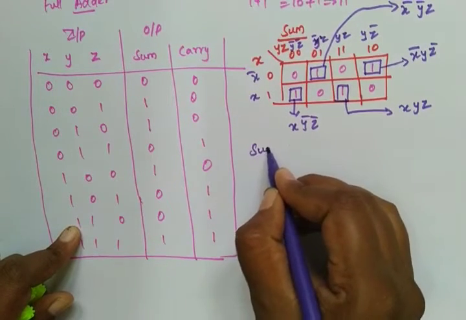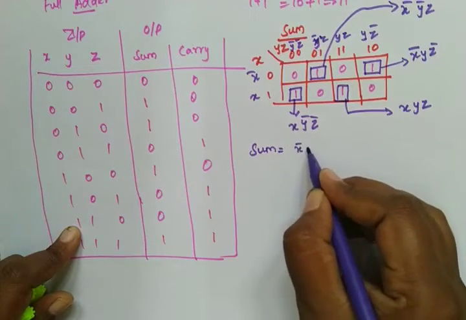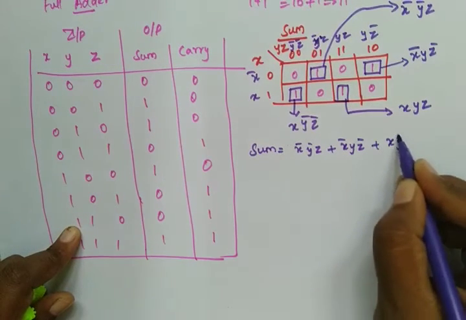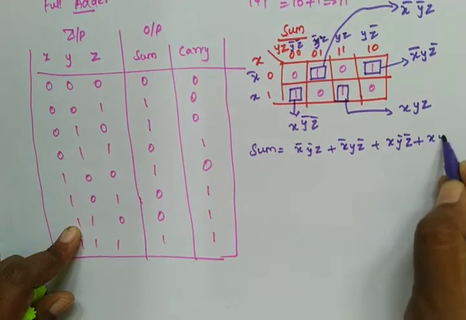Therefore, sum is equal to x bar y bar z plus x bar y z bar plus x y bar z bar plus x y z.